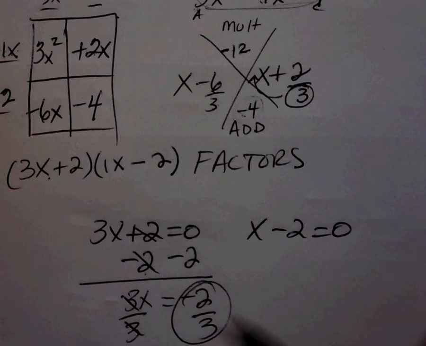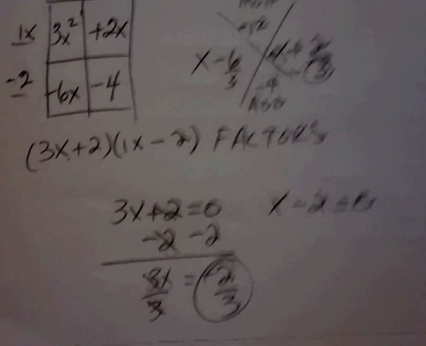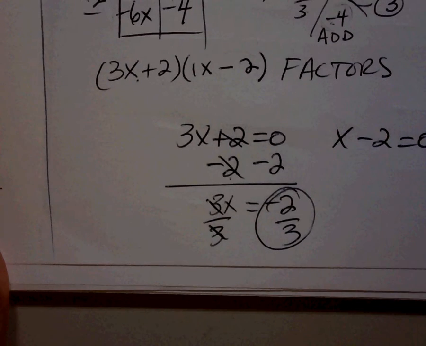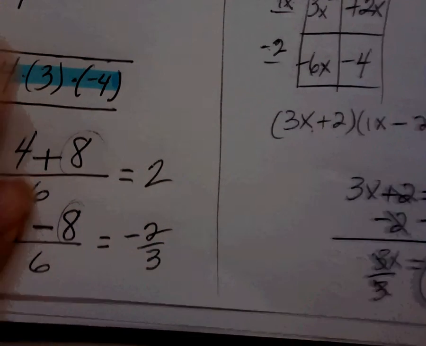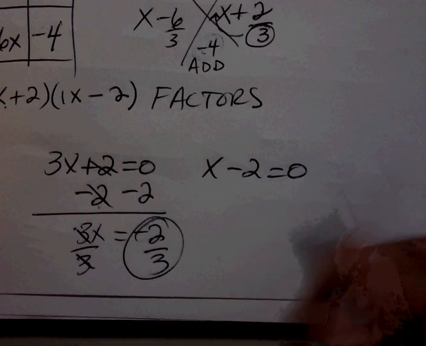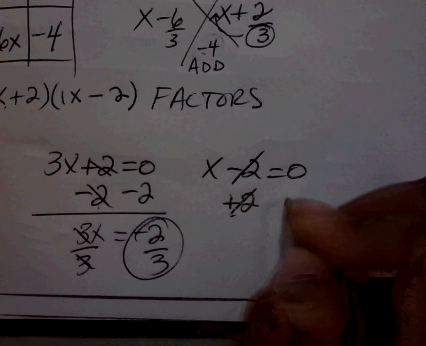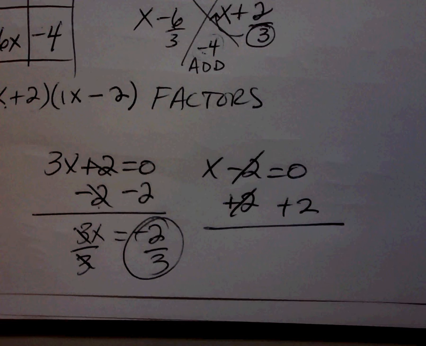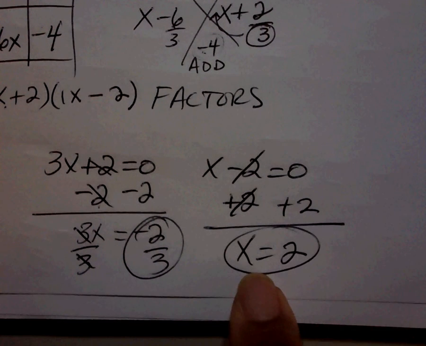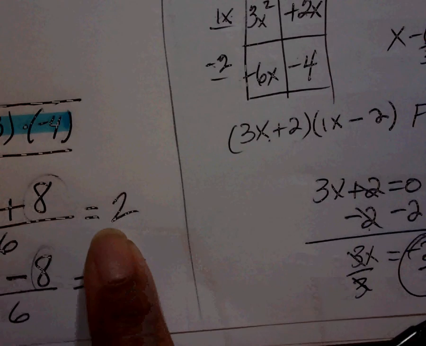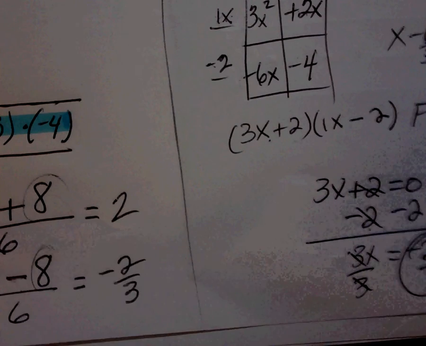And now I have my negative 2/3, which is what we got when we used the quadratic formula on the previous video. And then when we take the x minus 2 and do the inverse operation, it's minus, so I add, and x equals 2. And that is also the same solution we got when we used the quadratic formula.